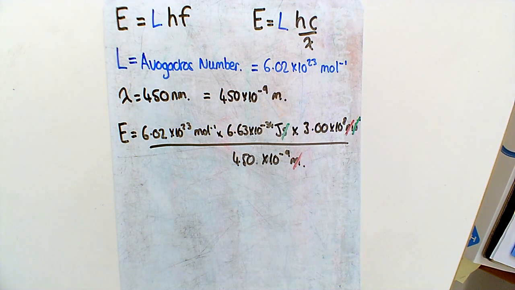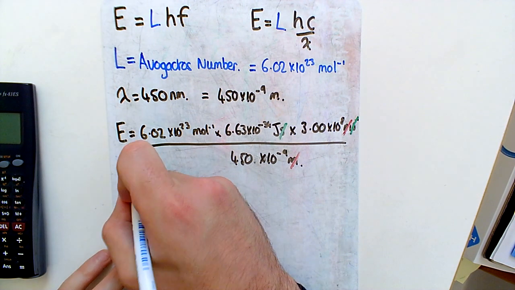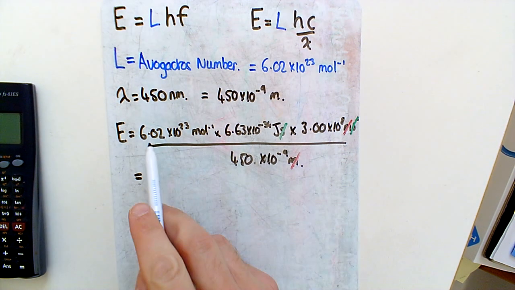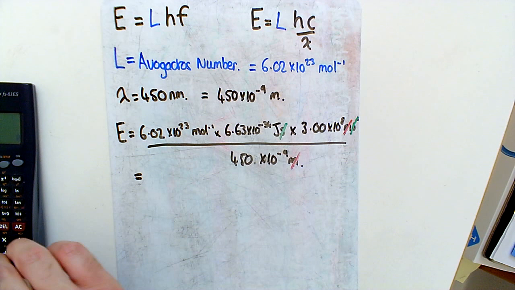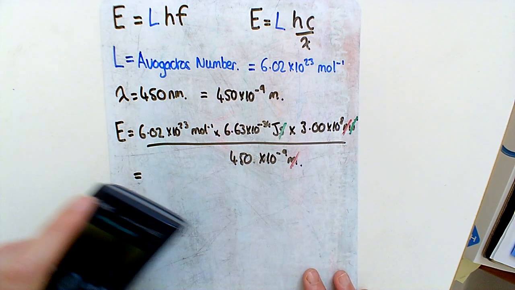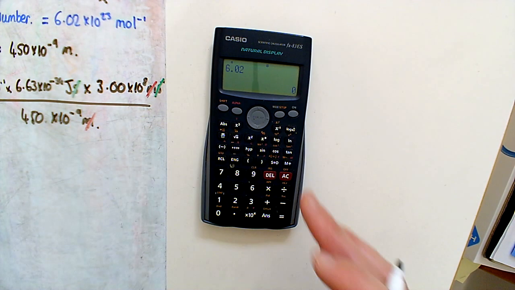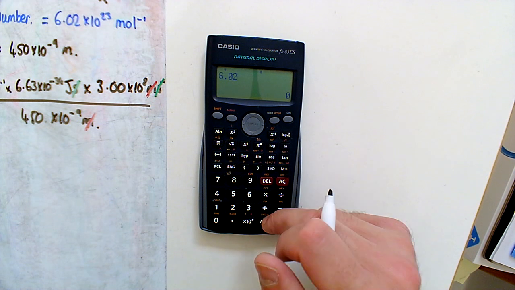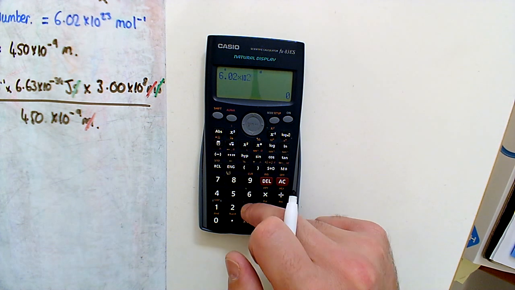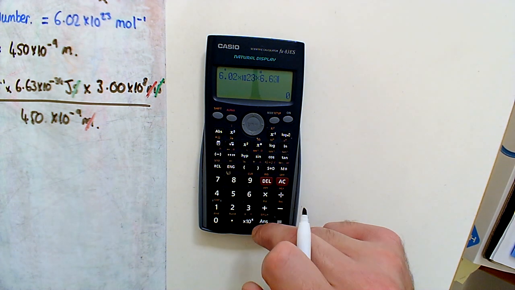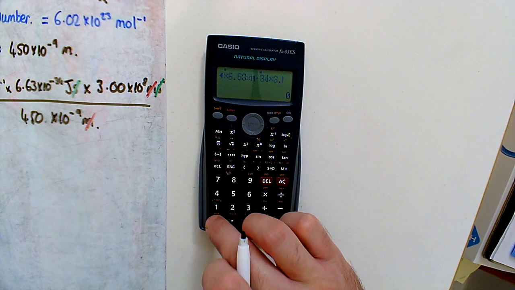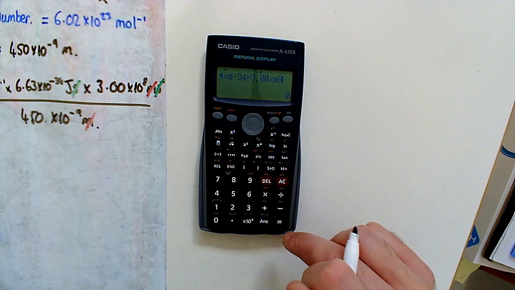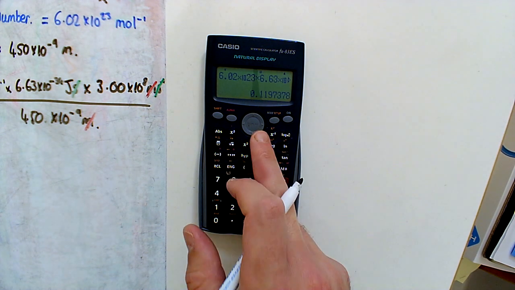When we multiply that top line out, we get a value, because that's constant, that's constant, that's constant. I'll just show you on the calculator. 6.02 times 10 to the 23 multiplied by 6.63 times 10 to the minus 34 multiplied by 3.00 times 10 to the 8 equals that.